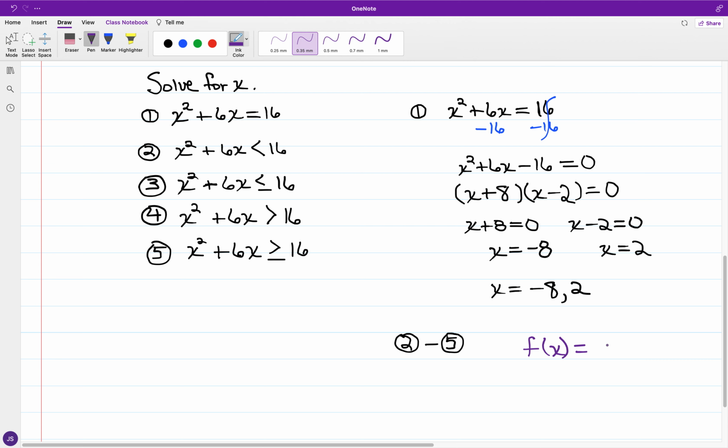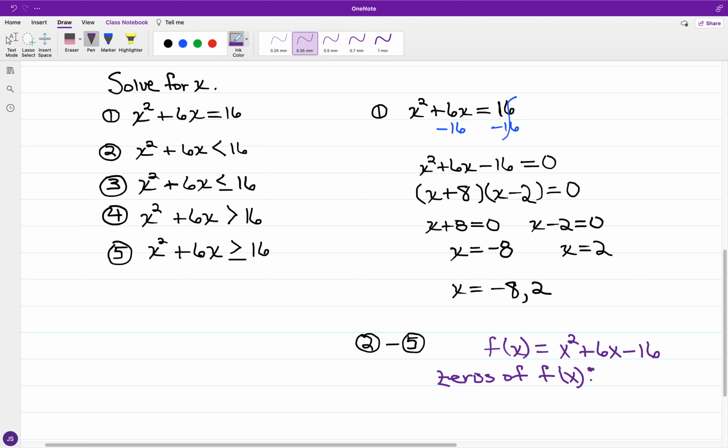Again, we'll have that f of x is equal to x squared plus 6x minus 16, and for the zeros of f of x, you're going to have x equal to -8 and also x equal to 2.